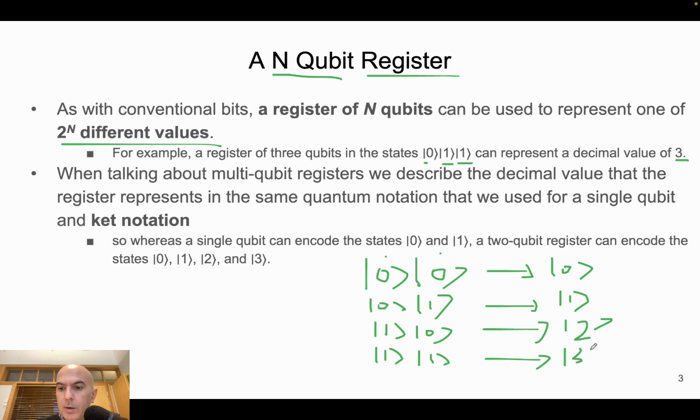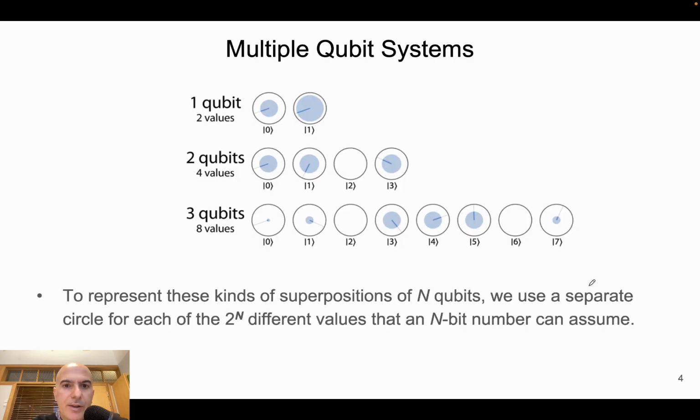So you see that using these 2 qubits, we can represent 4 integer values, and these are going to be the states of our 2-qubit system. So this is the circuit notation for a multiple qubit system.